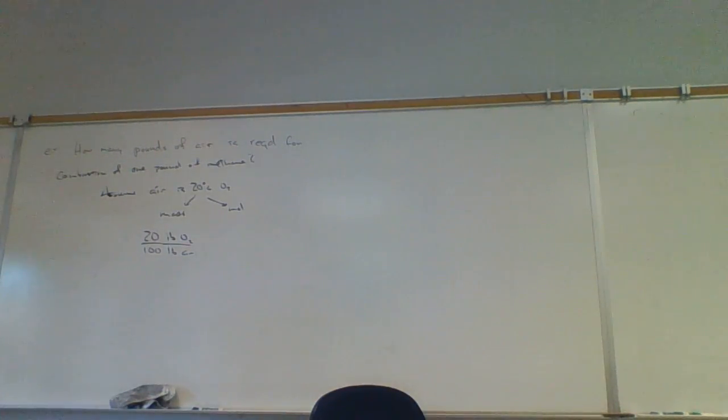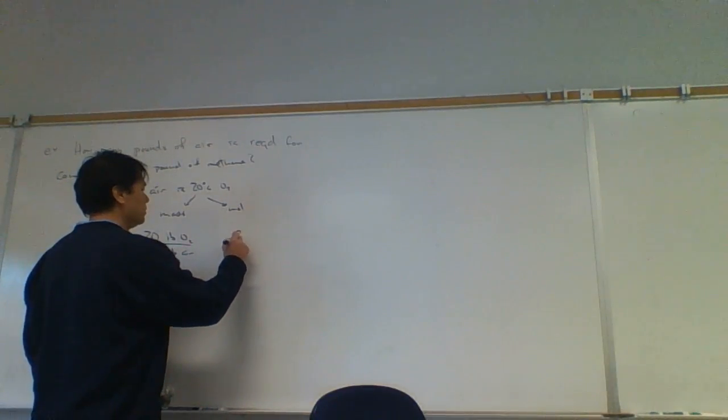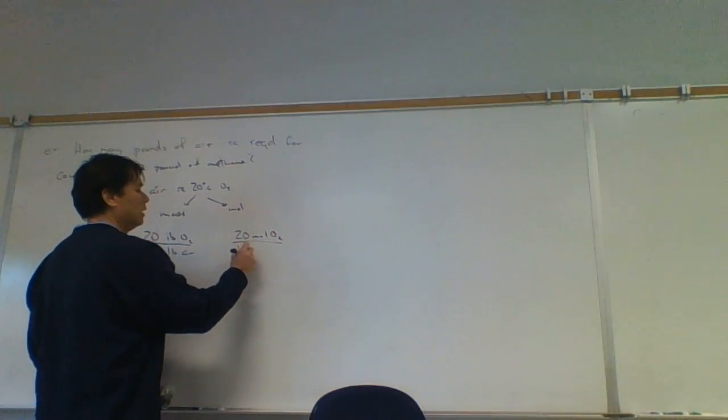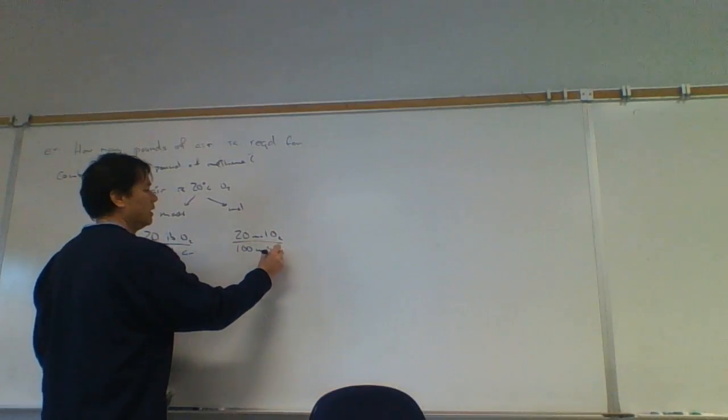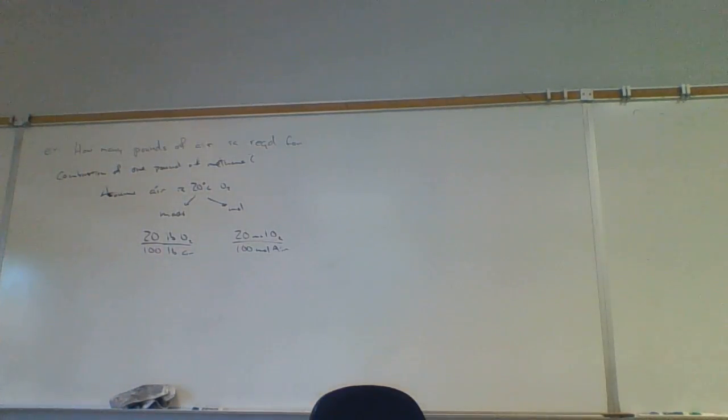However, if this is a mole percent, then it's different. In terms of mole percent, it would be 20 moles of O2 for every 100 moles of air. And so it's a bit different. In other words, mole percent would be like this.